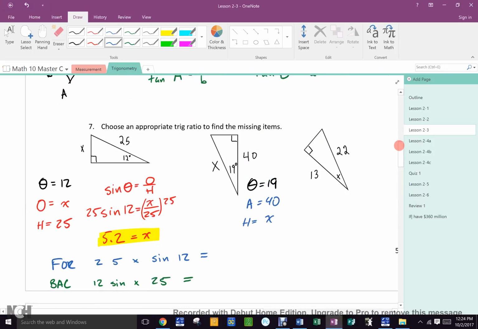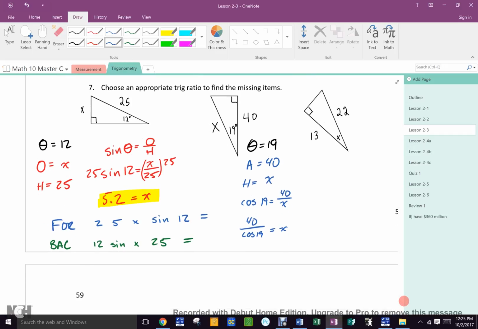Again, the color is a hint. What are we using? Cos 19 equals A over H, 40 over x. Great. So I must do 40 divided by cos 19 to equal x.